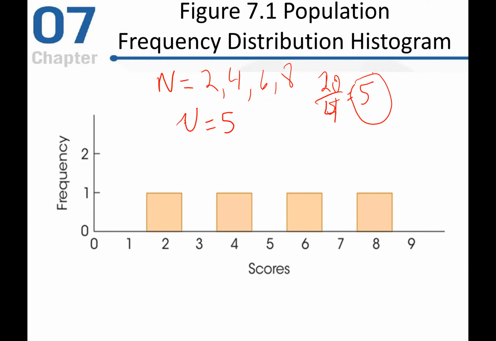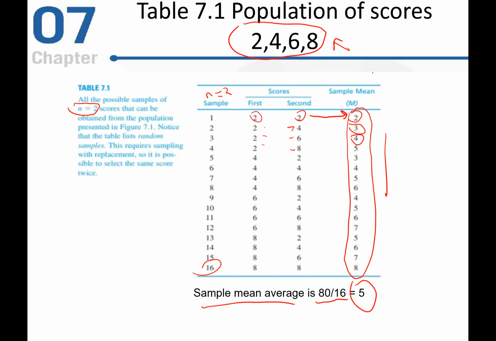So what I'm trying to tell you is that the sample mean average is going to be equivalent to the population mean. The average of all the sample means of a certain sample size is going to be equivalent to the population mean. And it doesn't matter what size the sample is; the sample size could be 5.